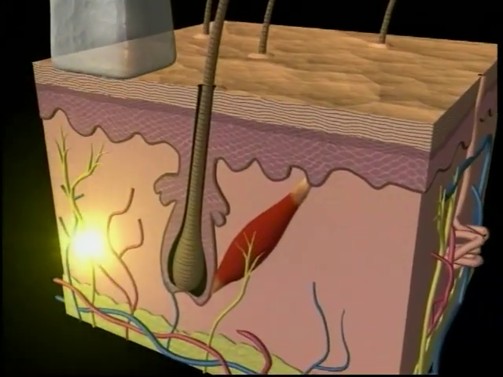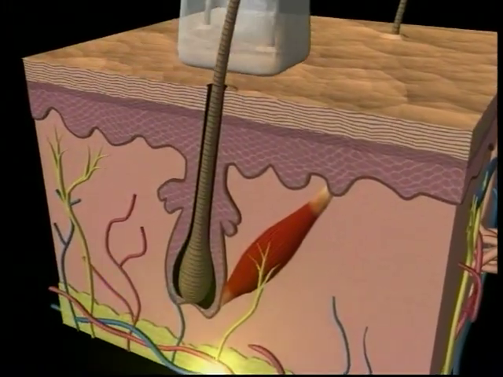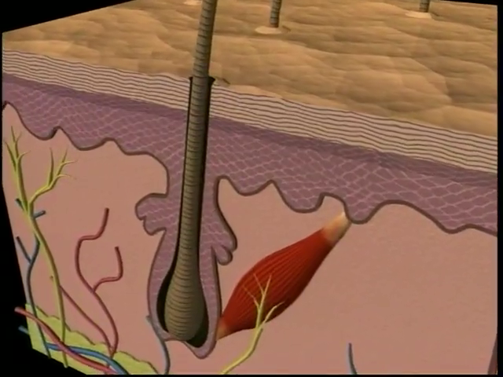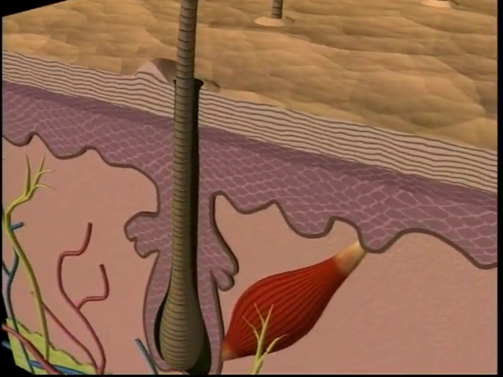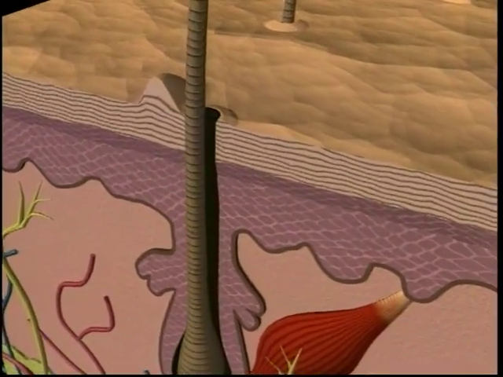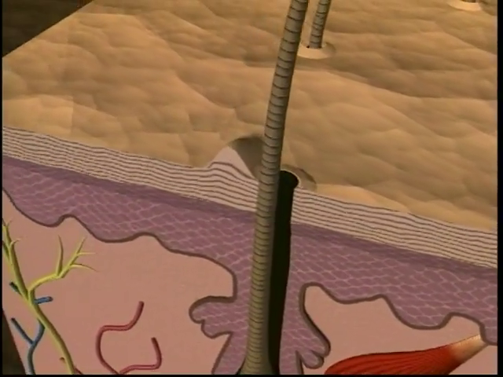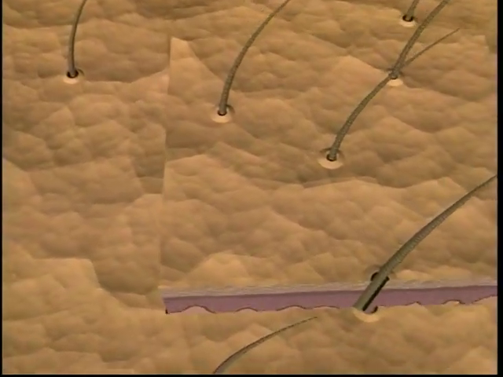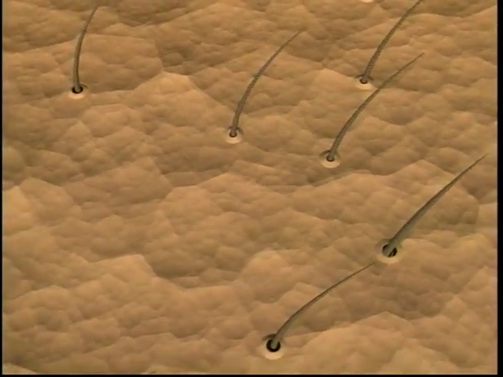This often causes the integument's muscle tissues to contract, making hairs stand on end with the familiar tingle of goosebumps. Above it all, layers of protective epithelial tissue form the barrier that serves as our first line of defense against the perils of the outside world.